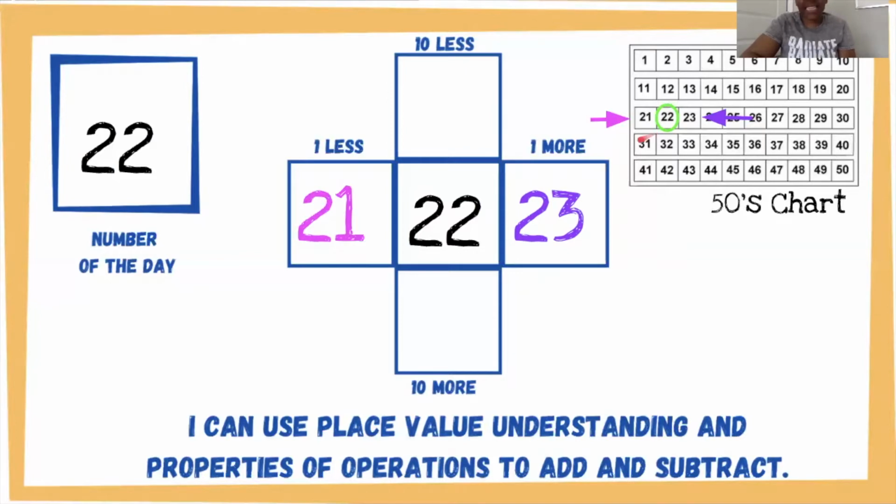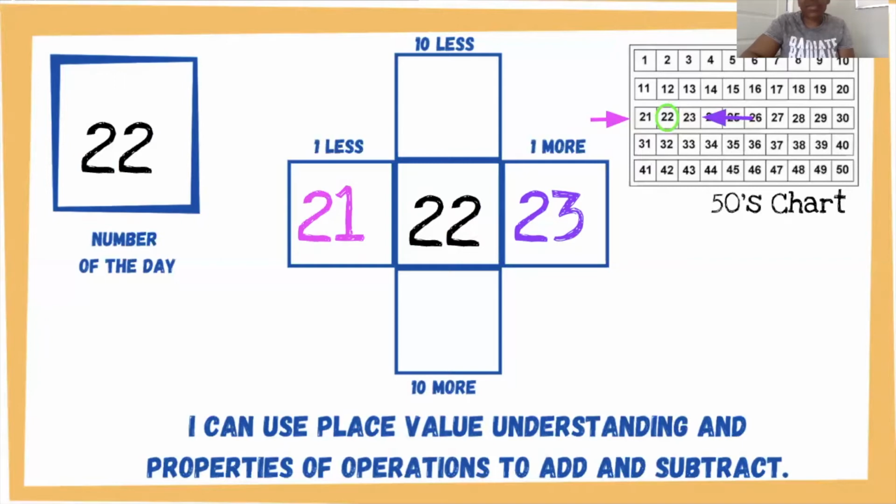Do you notice anything that is similar or the same about our numbers? Let's take a look. 21, 22, 23. Did you notice that when we say those numbers, 21, 22, 23, all of our numbers started with 20 because they all have a 2 in the tens place?